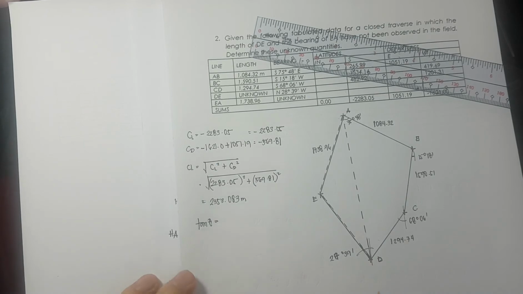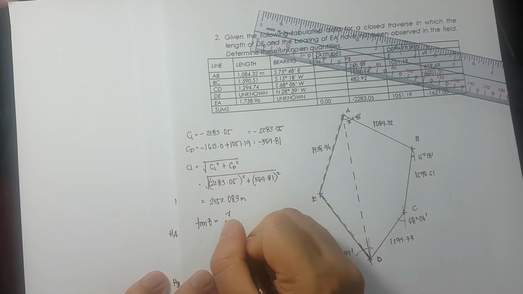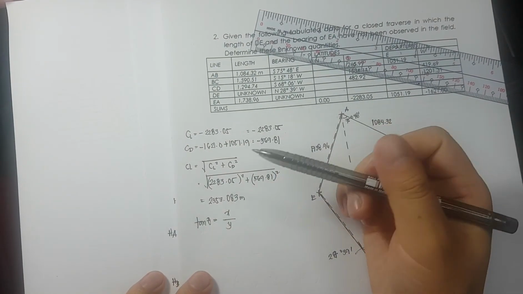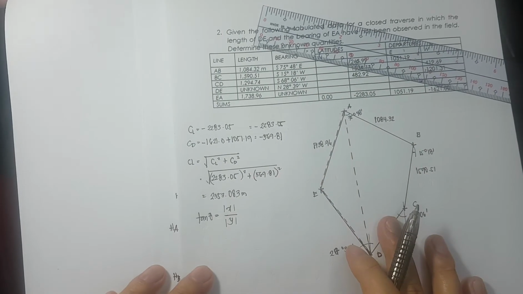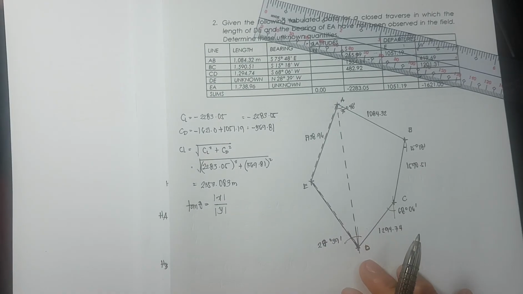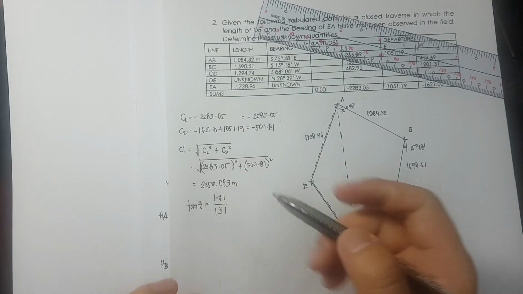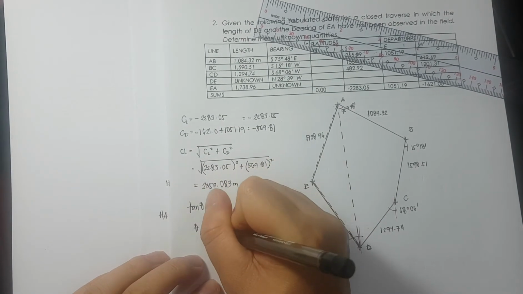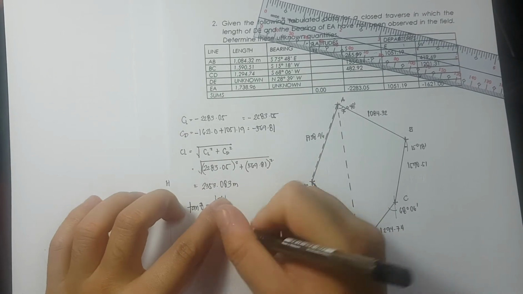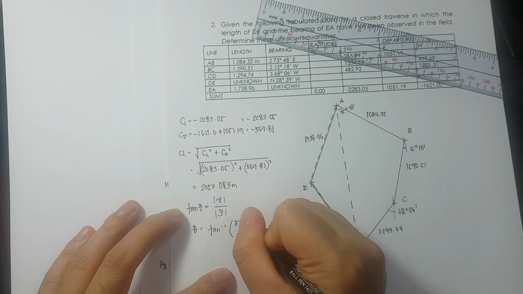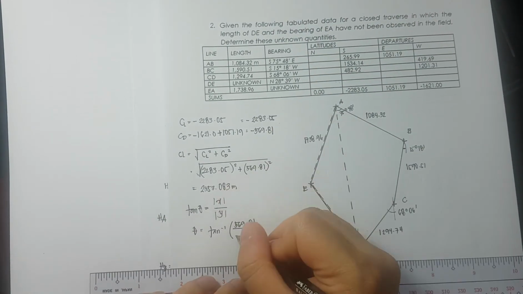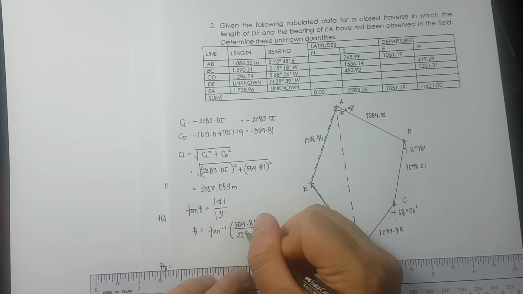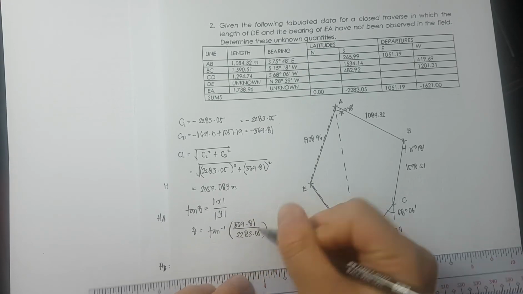Okay? Now to get the angle of the closing line, tangent theta is equivalent to x over y, departure over latitude. Now for this one, we're going to get the absolute value. Kunin natin absolute value. Then for the direction, we base it on the sign. So theta is equivalent to arc tangent of x, which is 569.81, I am getting the absolute value, divided by 2283.05.